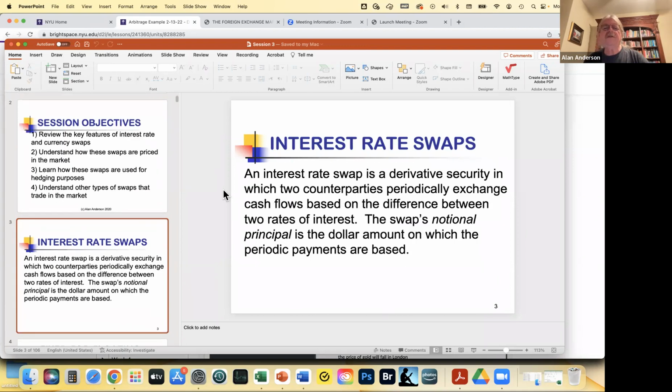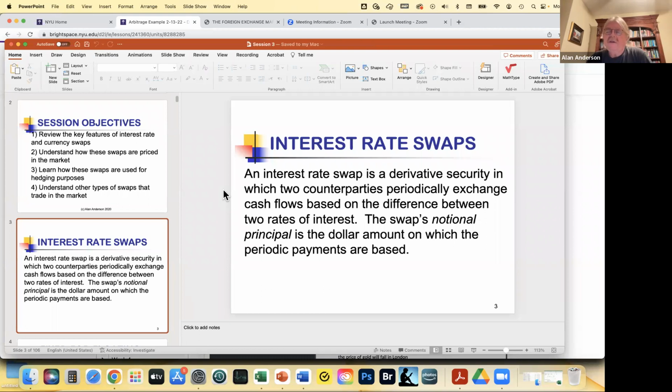So an interest rate swap, which is really the first, these probably were the earliest in the United States, at least. And really what you're doing here is you're trading cash flows based on the difference between two different rates of interest. Typically, one of those rates is fixed, and one of them is what we call floating, which simply means that it resets every so often.